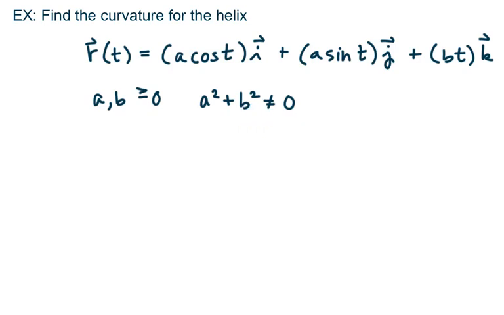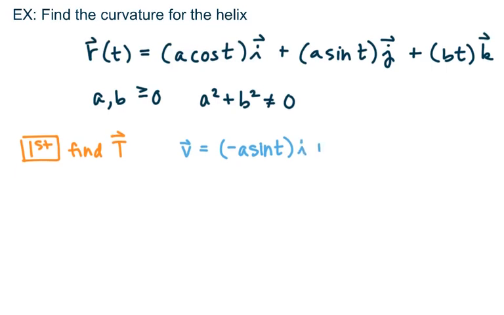So first, we're going to calculate our unit tangent vector, which means we need our velocity vector. In order to find T, I need v. The derivative of a cosine t is negative a sine t i.